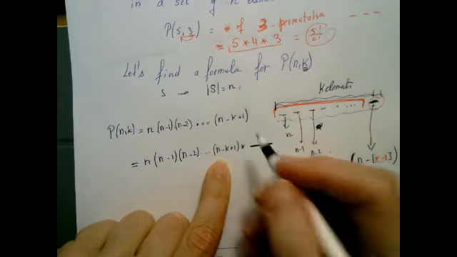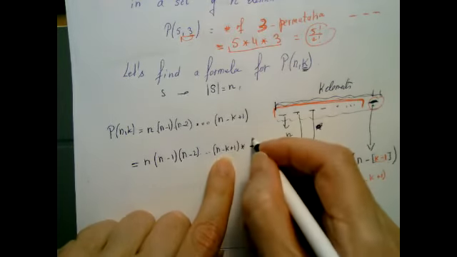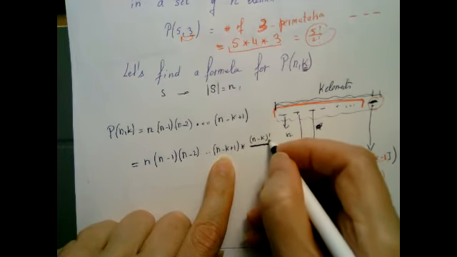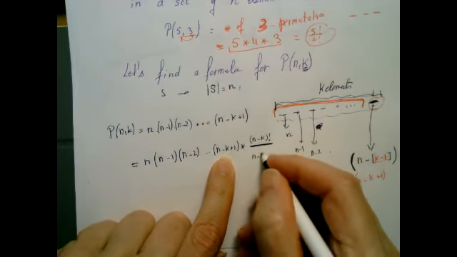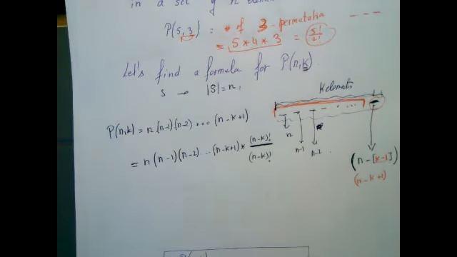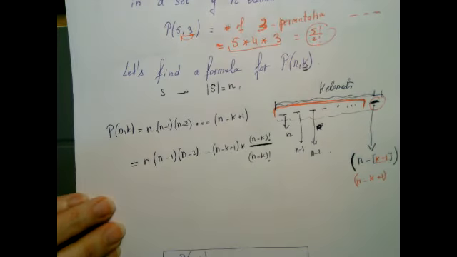I'm going to multiply this by n minus k factorial, and divide by n minus k factorial. I didn't do anything, but what's the purpose of that?